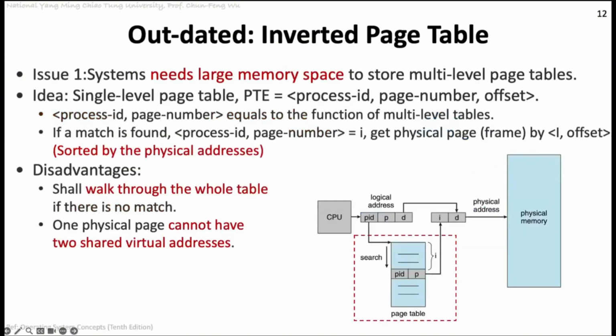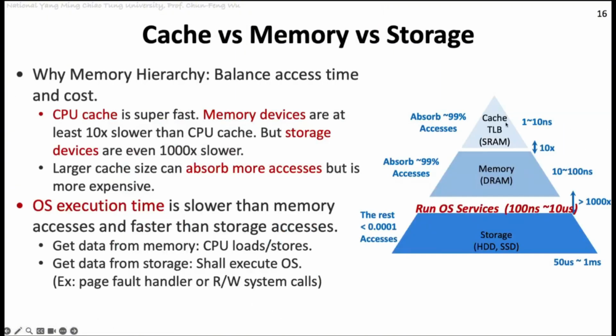And there's another important thing, if you still remember this one. As we mentioned, the CPU cache needs to absorb maybe 90 to 99% of the accesses, right? Memory is a little bit lower, around 10% here, and memory will absorb around 90 to 99%.